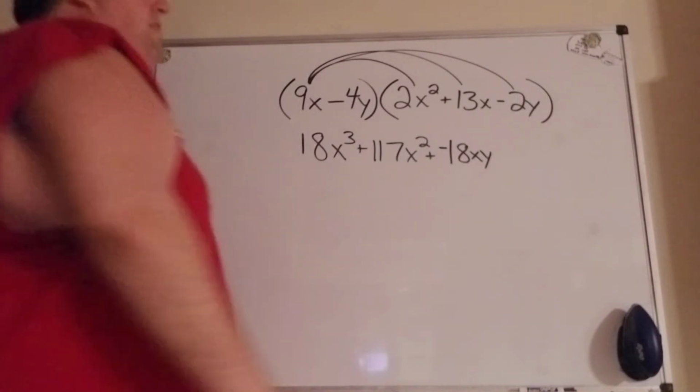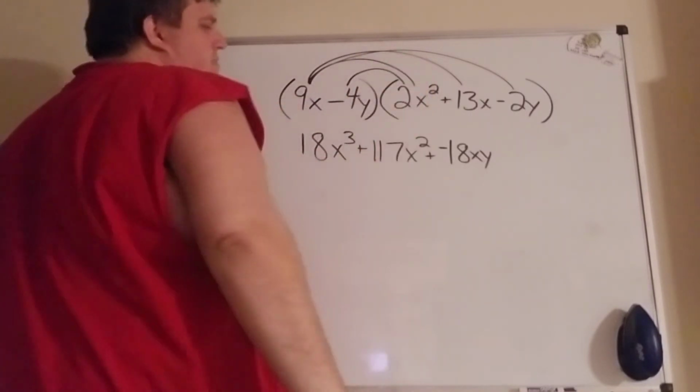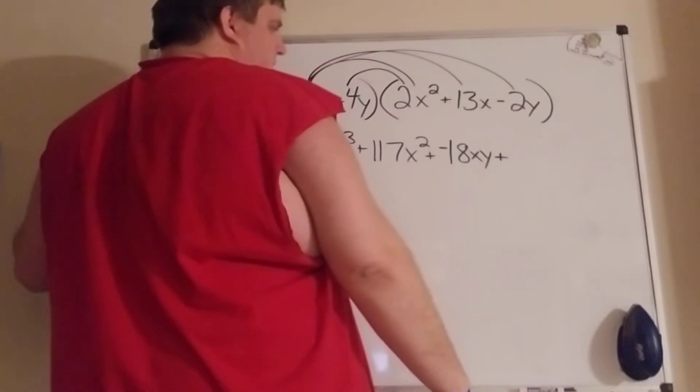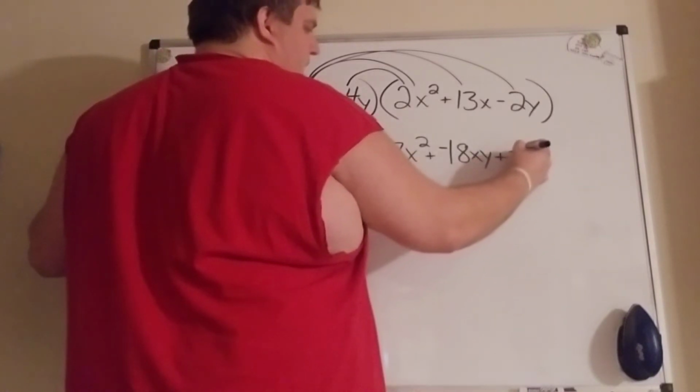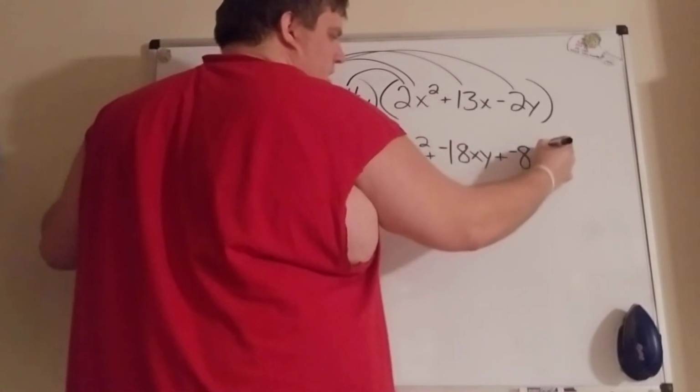And that's only half of our problem, because now we've got to distribute this negative 4y. So negative 4y times 2x squared, this is where it's going to get messy. We would have negative 8x squared y.